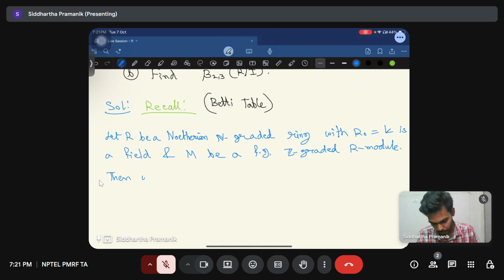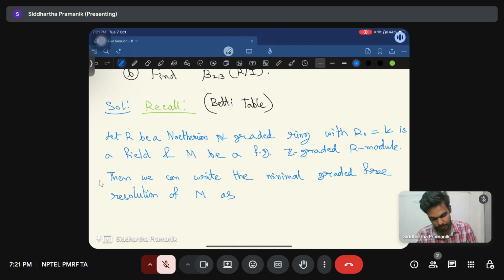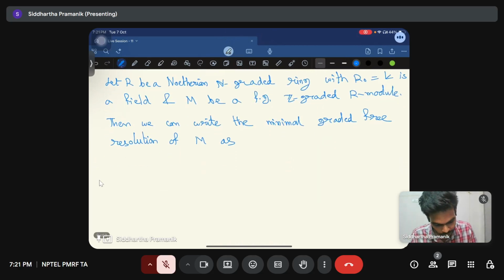Then we can write the minimal graded free resolution of M as, so you take M first and surject it from a graded free module F0.